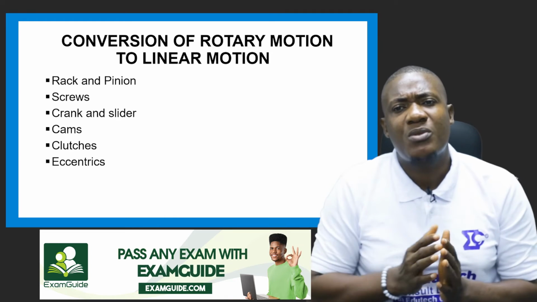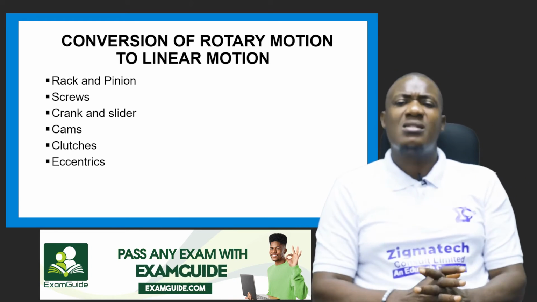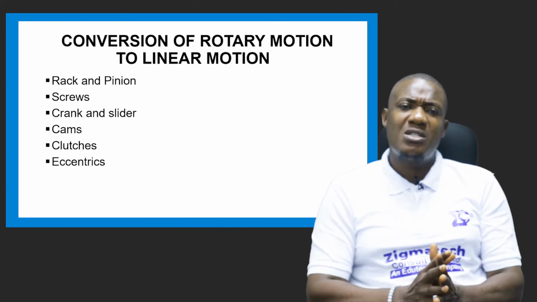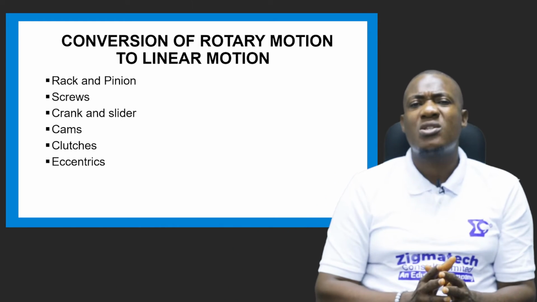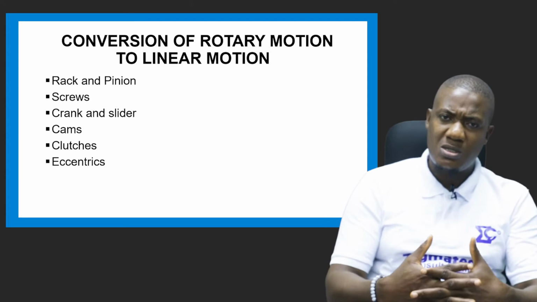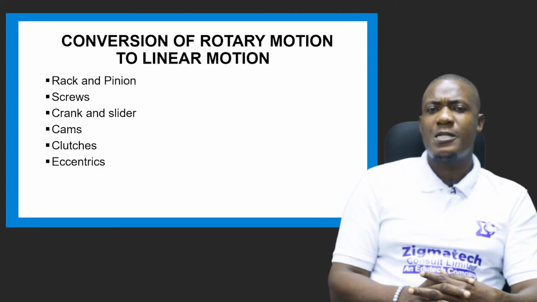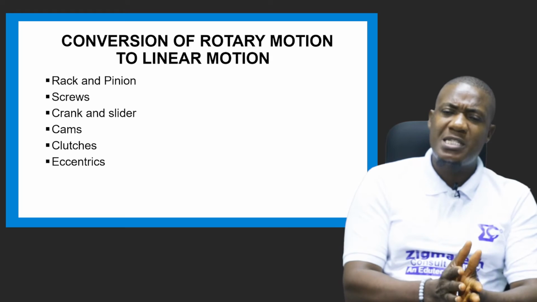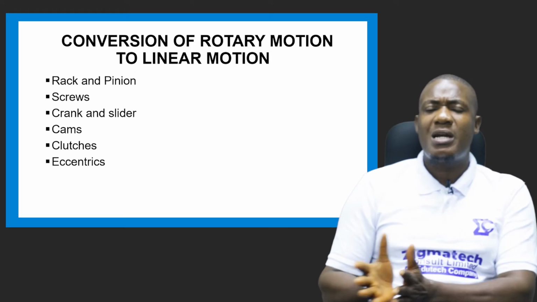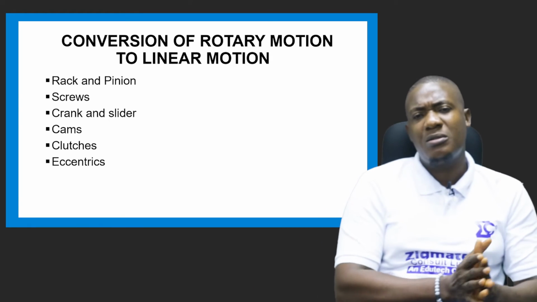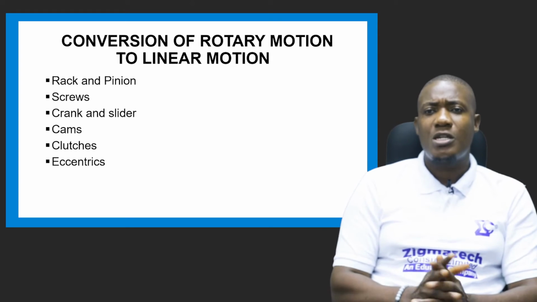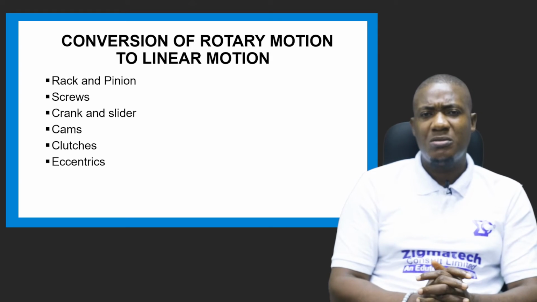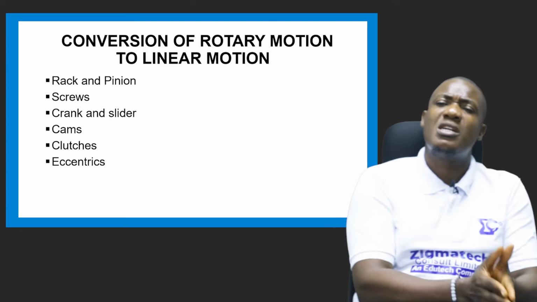There are different ways we can convert rotary motion into linear motion, which is of great importance to us in the technology sector. For example, the rack and pinion of a steering rack. You must have heard about the steering rack. It utilizes this conversion of rotary motion into linear motion.